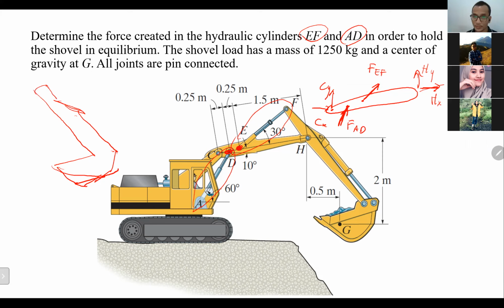For this member, we have the weight G, which is 1,250 kilograms times the gravitational acceleration, multiplied by 9.81, in Newtons.